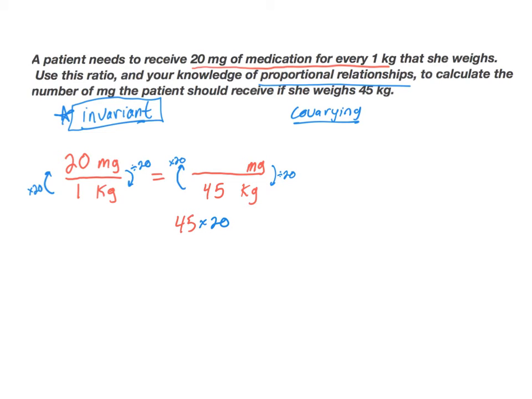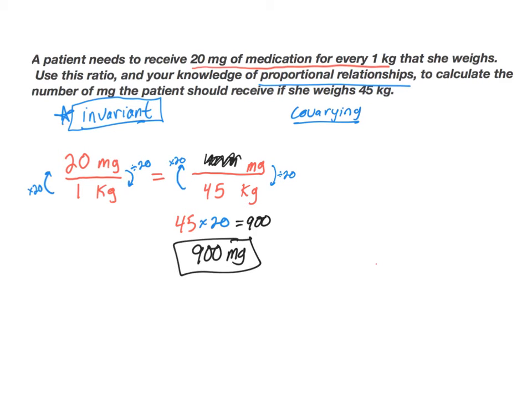That's the only value that will go here, right? This is the only value that will be correct if we need to have this same relationship. So 45 times 20 is going to give me 900. That means this patient needs to receive 900 milligrams.